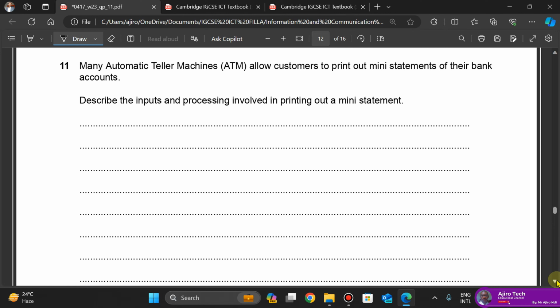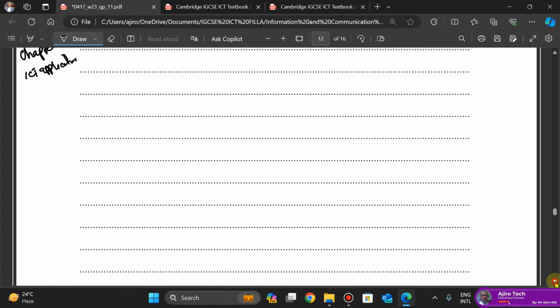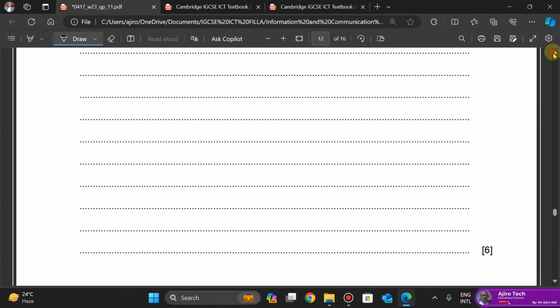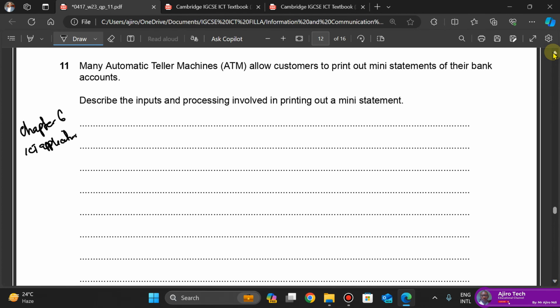We're going to see this in chapter 6, ICT applications, and we are looking at the banking system. This should be very easy because this is a practical course.